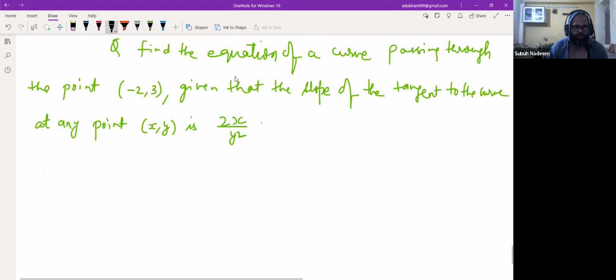So first of all, you have to find the differential equation. What is the differential equation? Find the equation of a curve passing through the point minus 2, 3. This portion we will deal later. Given that the slope of the tangent, this portion we will deal first. Given that the slope of the tangent to the curve at any point xy is 2x by y square. So what do you mean by this statement mathematically?